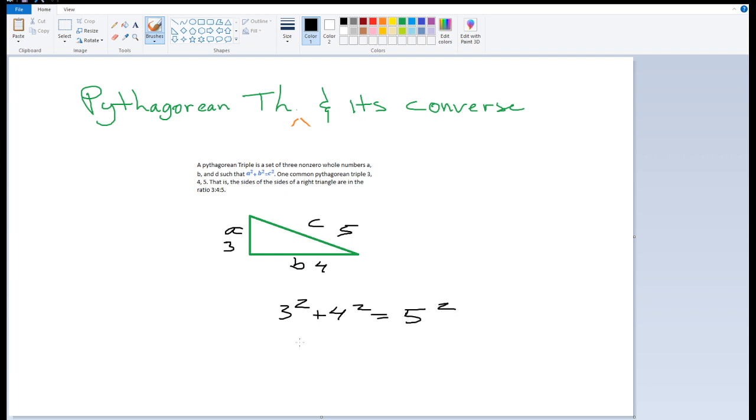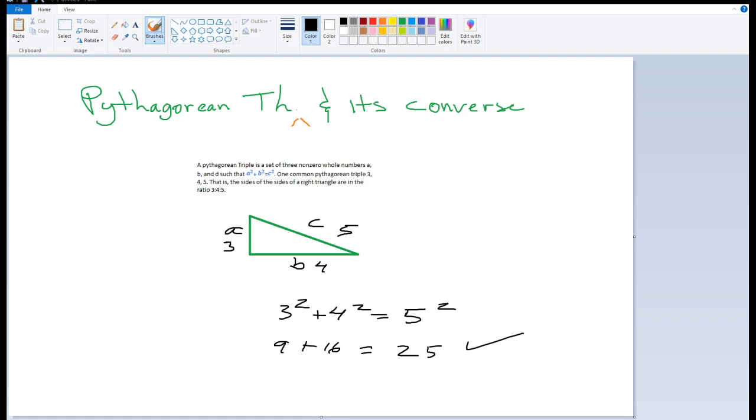All of these are whole numbers, so we get 9 plus 16 is equal to 25, and we know that's true. Sometimes you might get a decimal, and that's okay, but that would not be considered a Pythagorean triple. To be considered a Pythagorean triple, all the numbers have to be whole numbers.